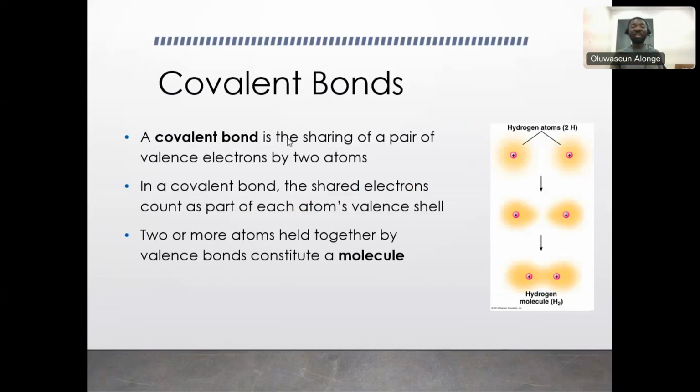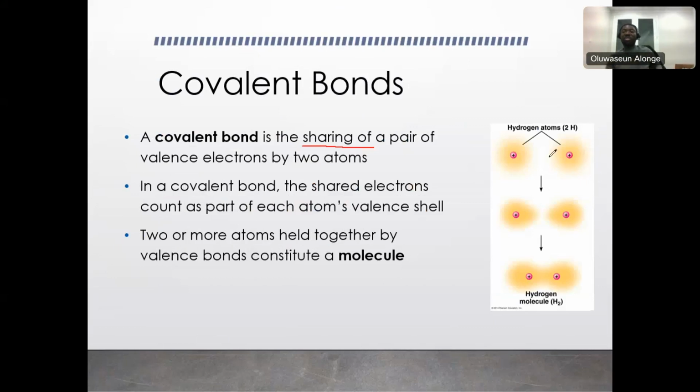So a covalent bond is the sharing of a pair of valence electrons by two atoms. So what is key here is the sharing. Now, covalence cooperates. Co means sharing, to share electrons. All right.